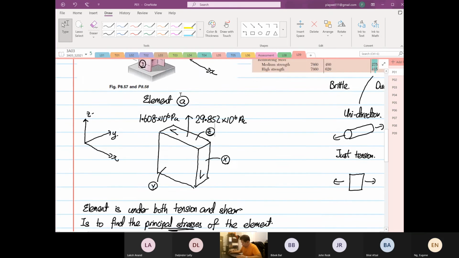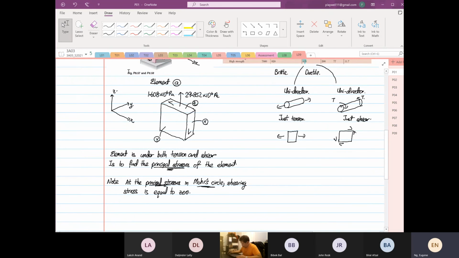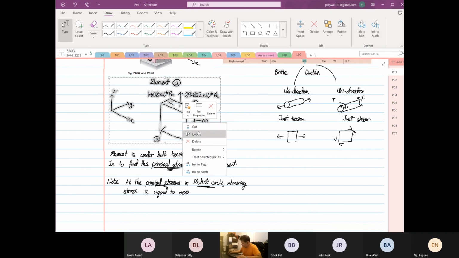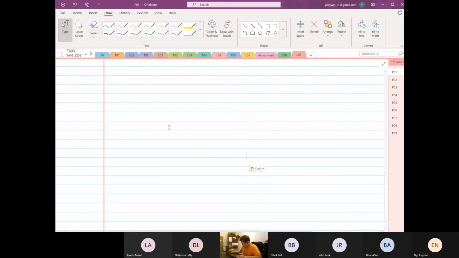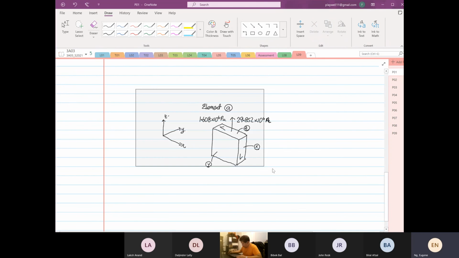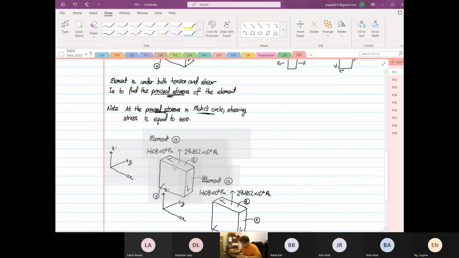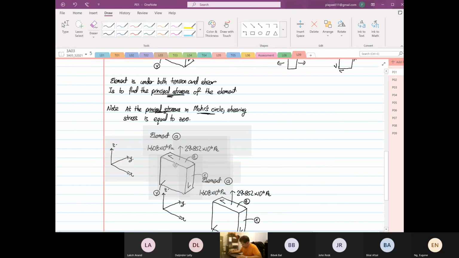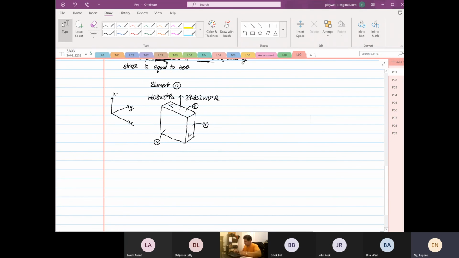I'm going to copy this image again, and draw a Mohr circle on the element to find the principal stress. So in real life, we are going to deal with 3D Mohr circle, because it's a 3D element.